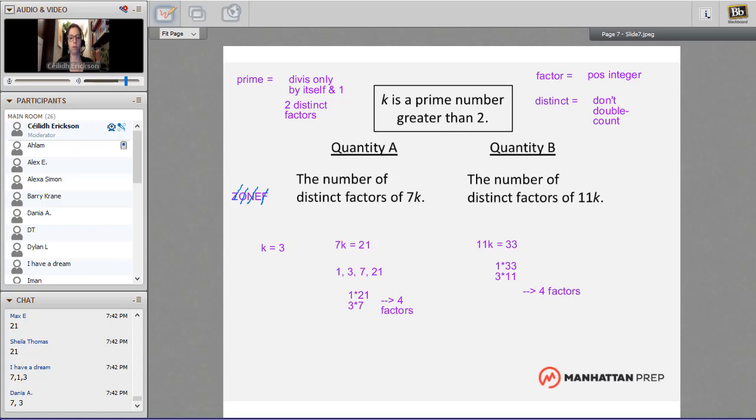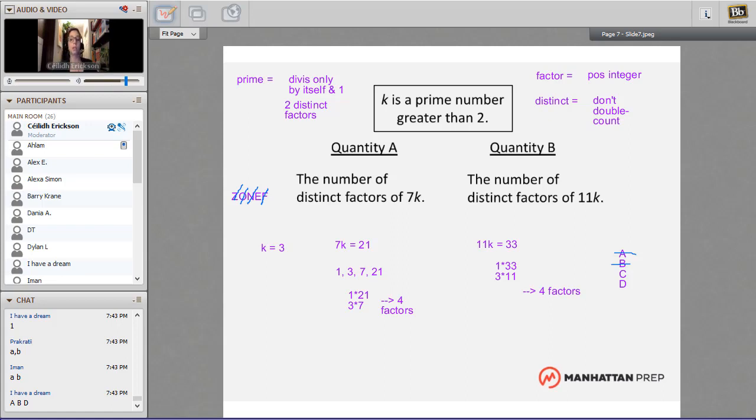So in terms of A, B, C, and D, what would we eliminate? The answer can't be A, and it can't be B. We found an example where they're both the same.